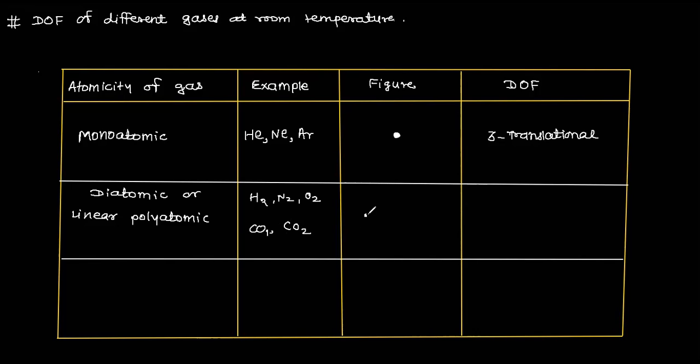So its diagram is like this, and it has three translational plus two rotational, total equal to 5.